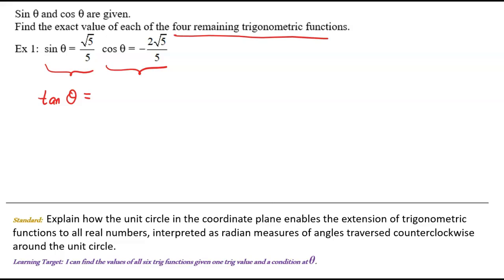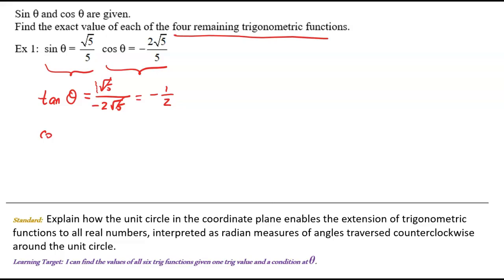Be careful with signs. So I'm going to write root 5 over negative 2 root 5. Once again, the reason I did that is I know the 5s will cancel out. Okay? Now, root 5 over root 5 reduces. There's an understood coefficient of 1, so those root 5s cancel, and that gives me negative 1/2.